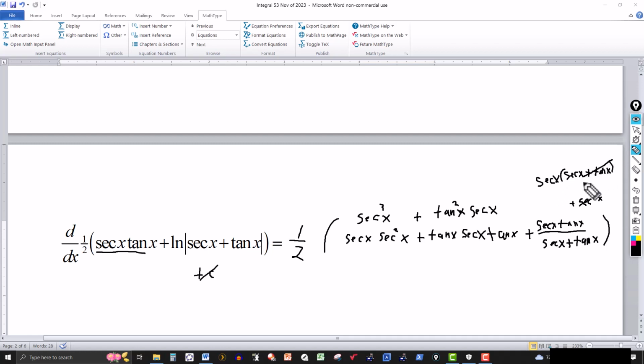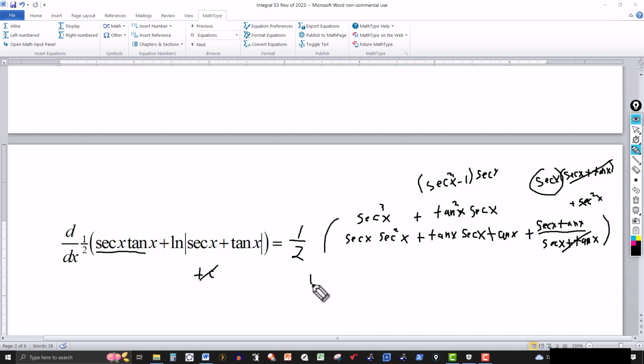But this and this will cancel. So all I'm left with is secant of x for this third expression over here. And then for this one here, tangent squared of x can be written as secant squared of x minus 1, and that's multiplied by secant of x.